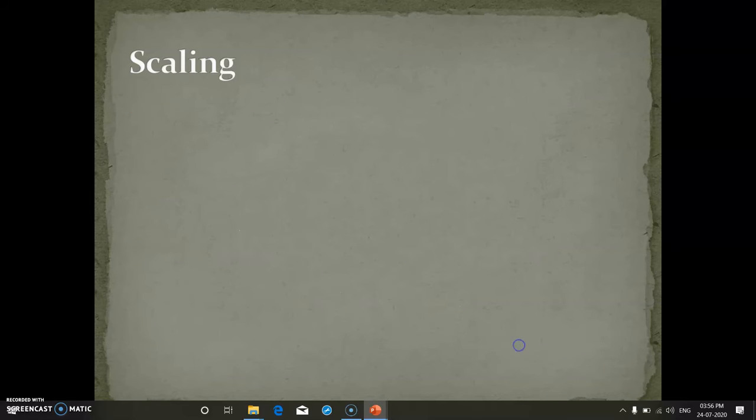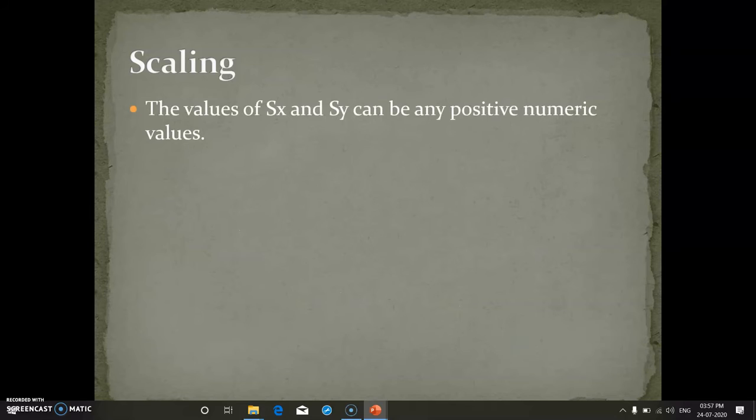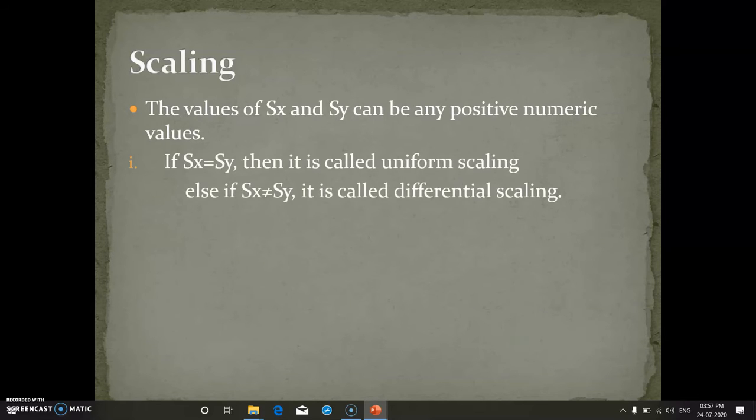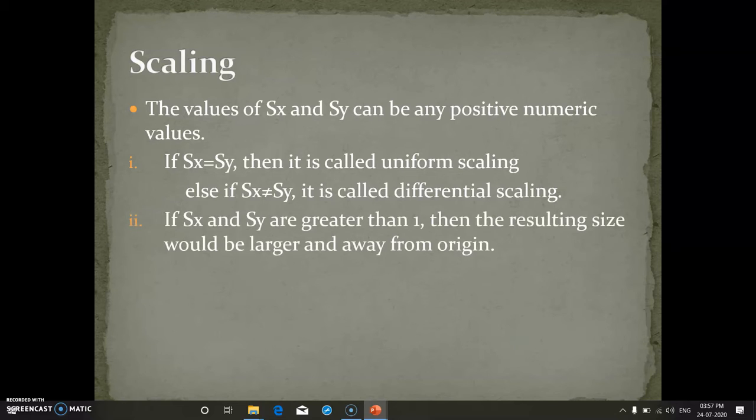The values of Sx and Sy can be any positive numeric values. If Sx is equal to Sy, then it is called uniform scaling. Else, if Sx is not equal to Sy, it is called differential scaling. There is also one other condition: if Sx and Sy are greater than 1, then the resulting size would be larger and away from the origin.